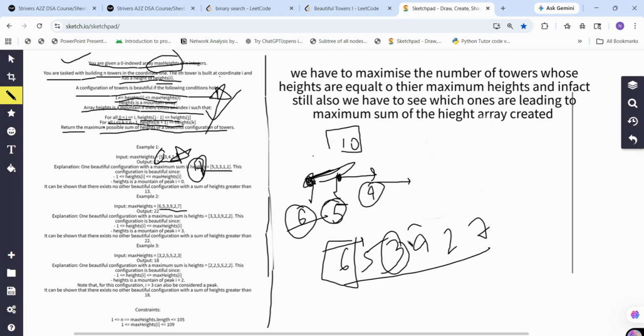Again it is rising, cool, so the maximum sum possible could be 18. Again it dropped, it fell. I would want it to be increasing, so I could make all of them equal to 2. So 5 times 2 is equal to 10. So the maximum sum that I could have is 10.